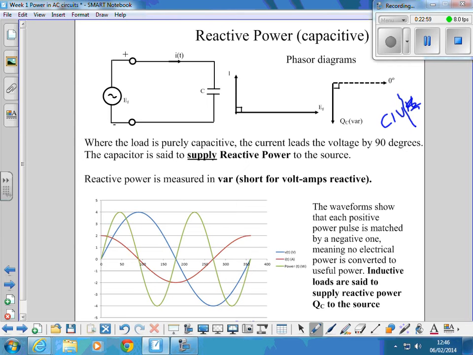So in our phasor diagram here, drawn around that way, the current here is ahead of the voltage here. Or we can say the voltage is behind the current. When we draw the phasor diagram for QC, it is a negative phase angle of 90 degrees. We're going to be doing some calculations that will involve us using complex numbers.